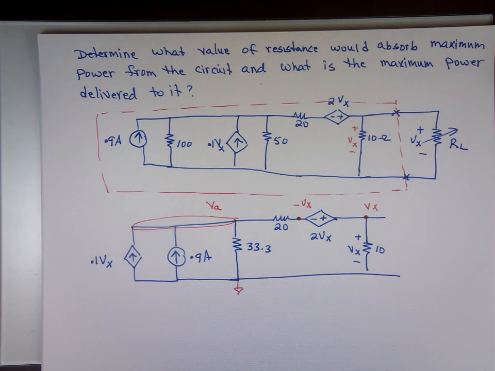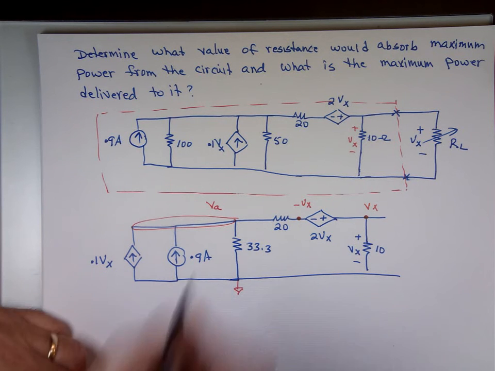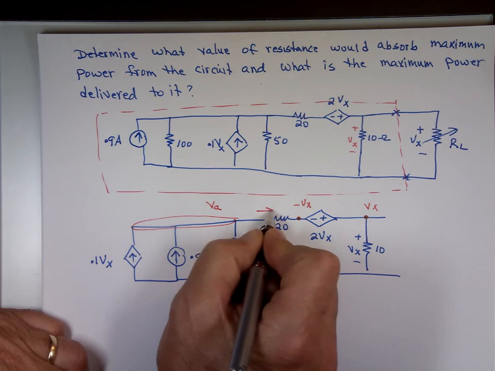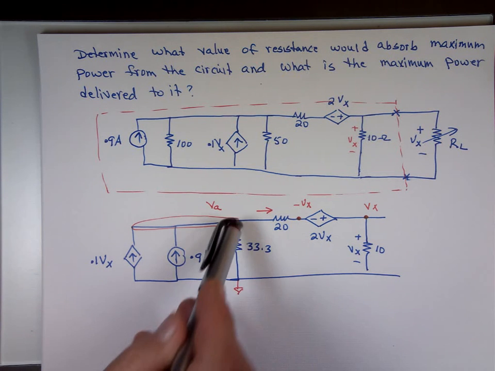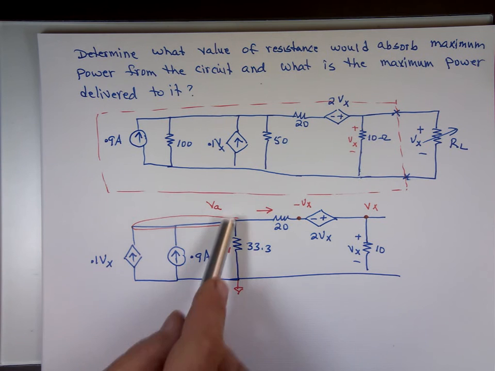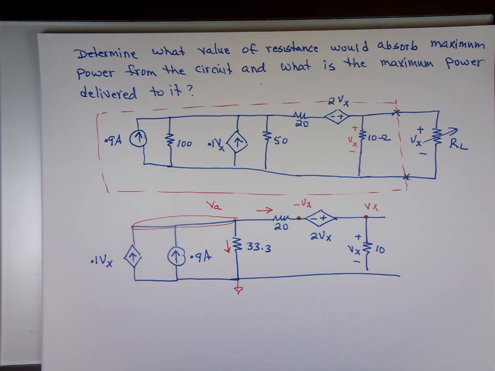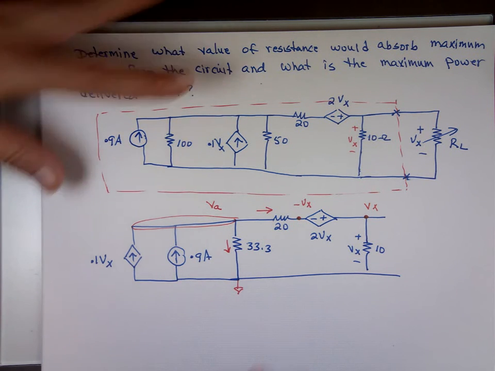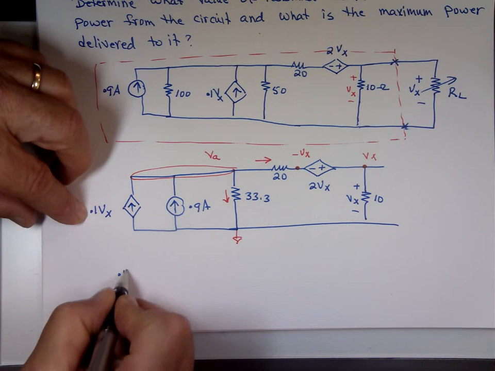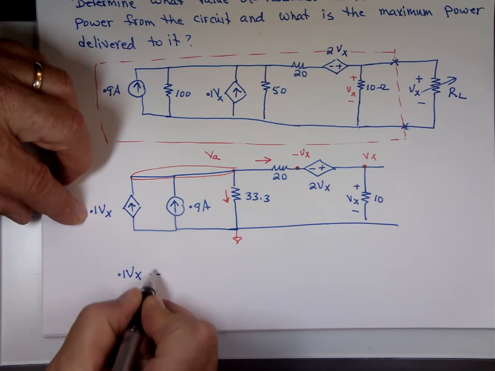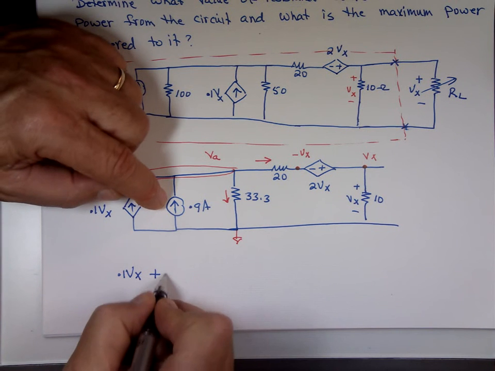You can assign current any direction that you want. So you say, I'm going to assign current in these directions. KCL at this node. What is going to that node? Let's find the current going to it. I see the 0.1 Vx going to it. What else? 0.9 is going to it.